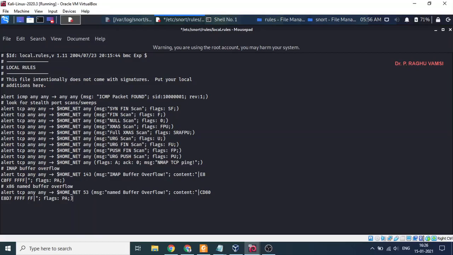This SID must be mentioned for every rule that you place there. So it may be rule 2, this is rule 3. Like that, we can modify it. Rule 4.